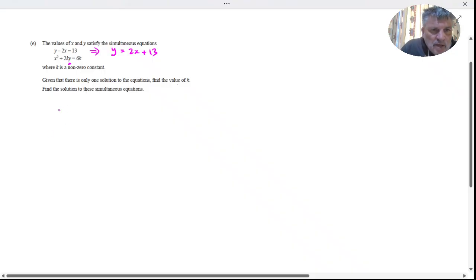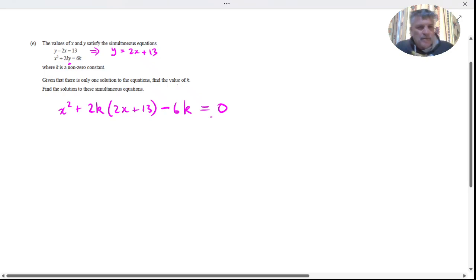So you'd get x squared plus 2k, y has become 2x plus 13, equals 6k. I'll shift that onto the other side to make it equal 0, because we've got a familiar quadratic here, and we want to get it into standard form before we do anything with it.